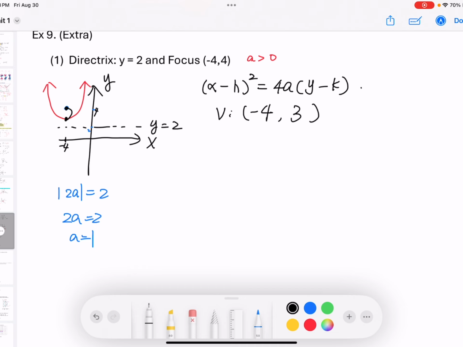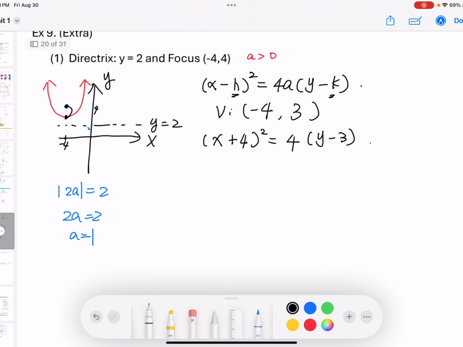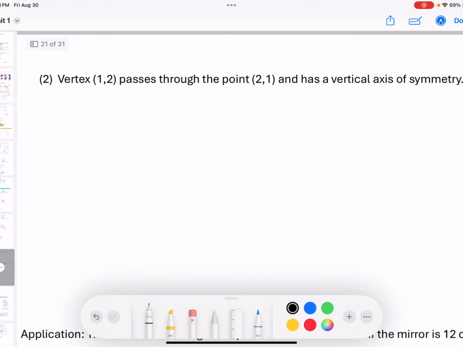Negative 4 comma 3 is my vertex. I can replace h and k with the vertex coordinates and replace a with 1. X plus 4, because we minus negative 4, squared is equal to 4 times 1 times (y minus 3). We don't have to find the directrix and focus because they are given. Okay, let's move on to the next example.